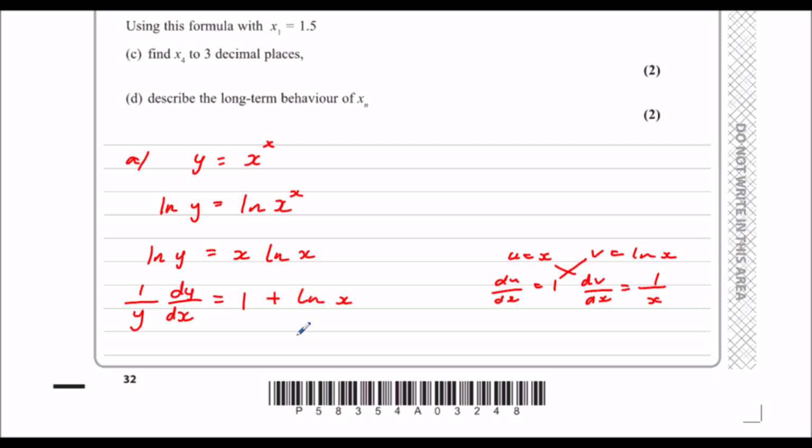The turning point is where dy/dx is 0. So 1 over y times 0 is 0, and we're left with 0 equals 1 plus ln x. So take 1 away from both sides. And we want x by itself. So this is log to the base e of x.